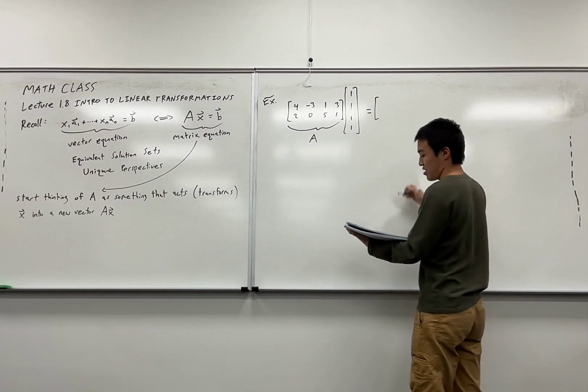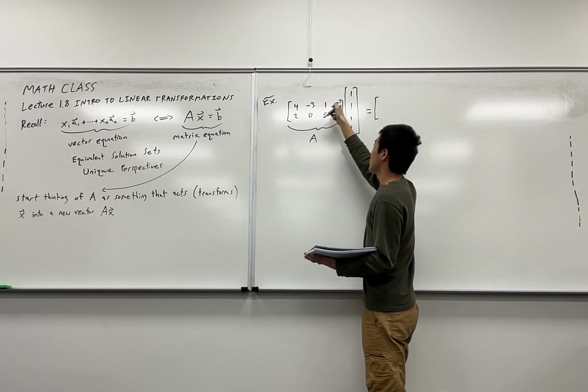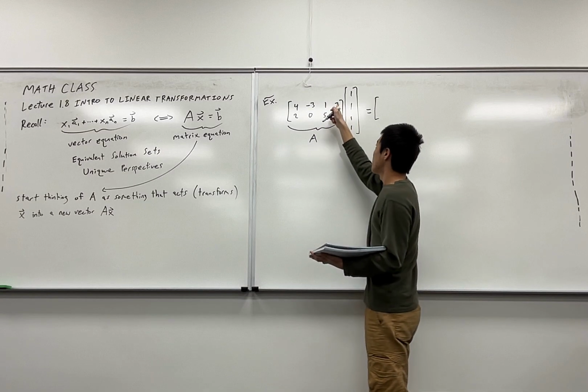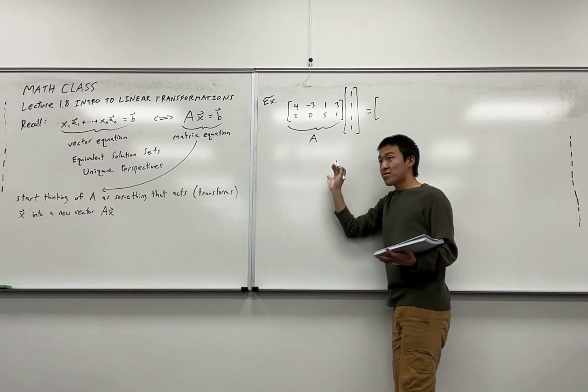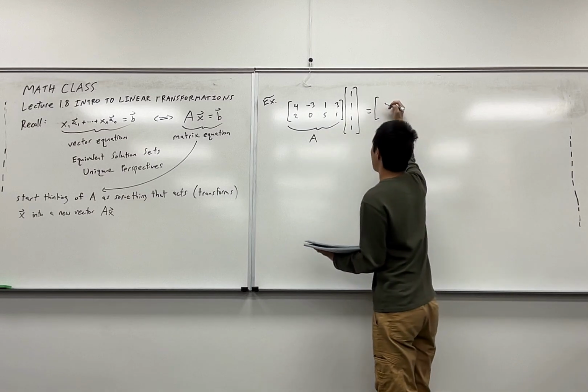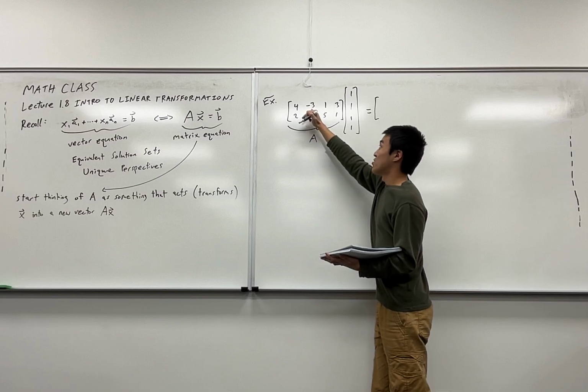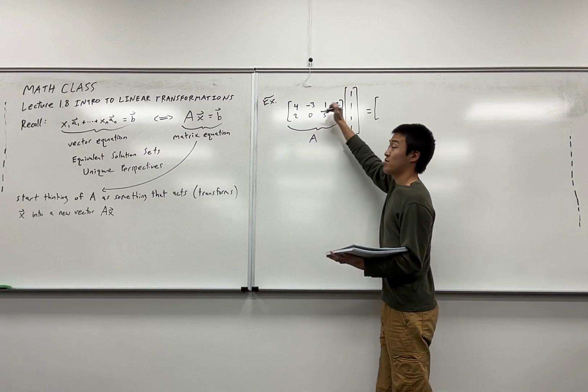This is going to give me 4 times 1 plus minus 3 times 1 plus 1 times 1, 3 times 1. If that doesn't make complete sense, that's okay, because that is chapter 2.1. So we'll talk about the actual arithmetic for that later. But it's 4 minus 3 is 1, plus 1 is 2, plus 3 is 5.